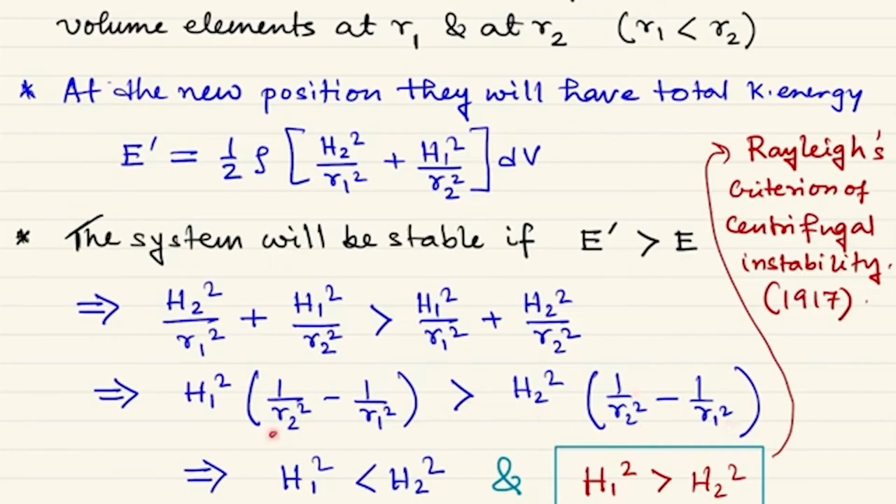Now since r2 is greater than r1, this term is smaller than this term. So this is a negative thing, while these are positive because they are squares.